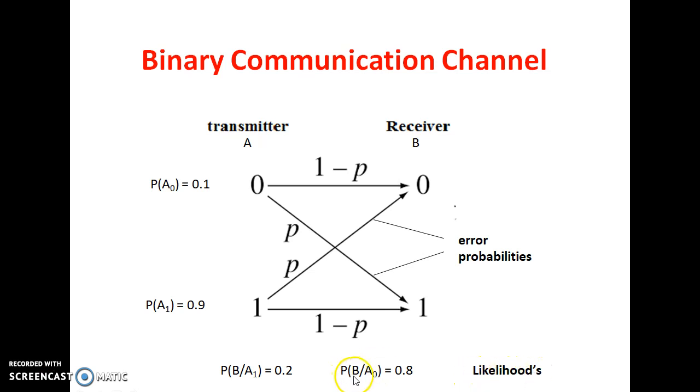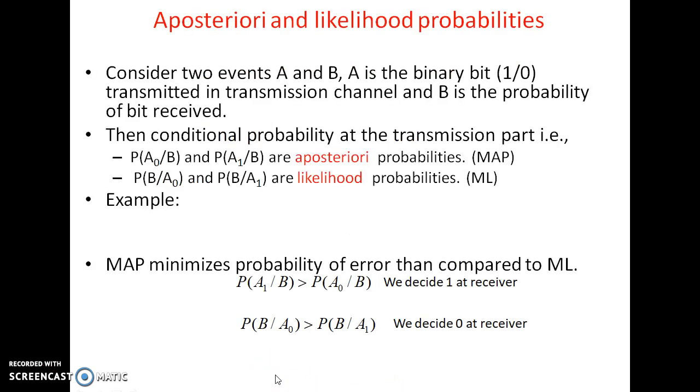The name itself says it: at the receiver side, the probability given 0 is transmitted is 0.8. Based on this, we can say P of B given A0 has high probability. So the likelihood is that 0 may occur rather than 1, because 1 has less probability. So this is just a definition of what is a posteriori probability and likelihood probability.